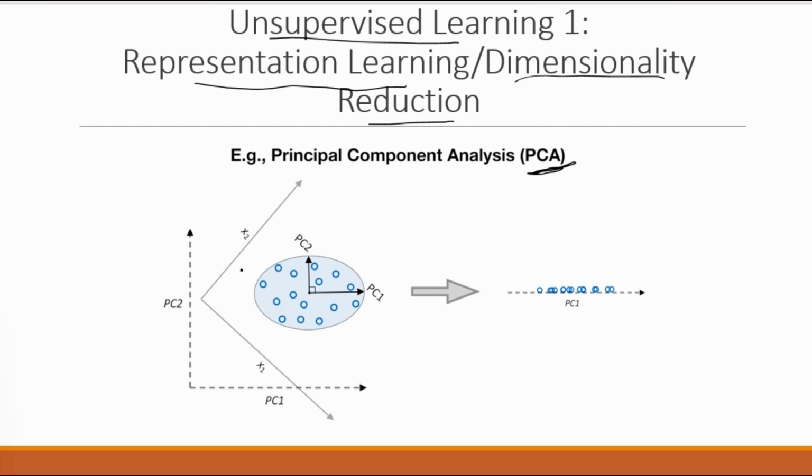So if you consider this example here, there are two features, feature 1 and feature 2, and these are our inputs, and here these circles represent our data points in this space. And with principal component analysis, we find the eigenvectors of this dataset.